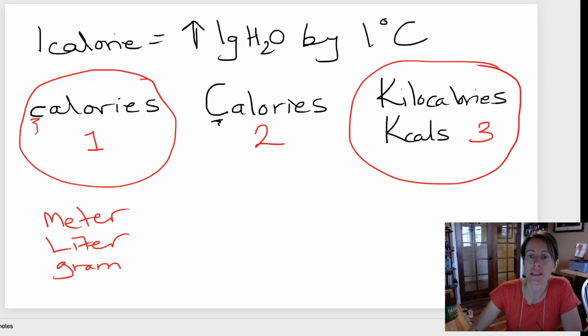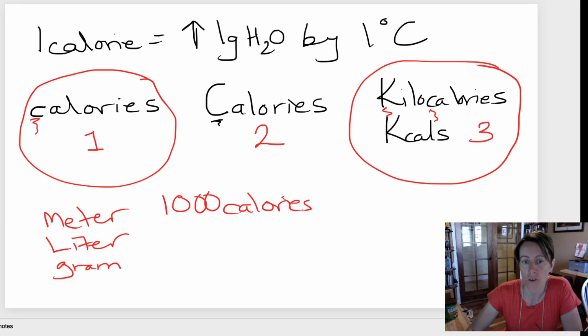kilocalories. And how they're related is that you can say that 1,000 little c calories, all pushed together, all added up, makes 1 kilocalorie.